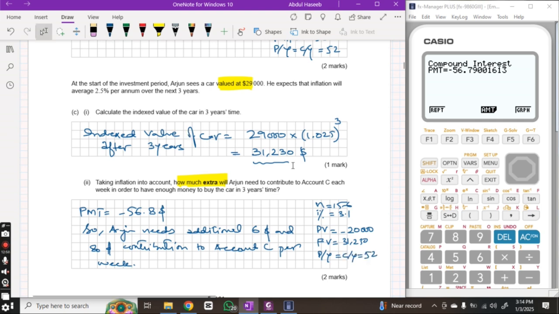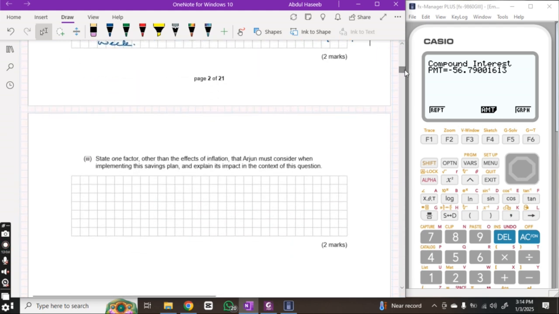All right, moving on. State one factor other than the effects of inflation that Arjun must consider when implementing this saving plan and explain its impact in the context of the question. So he's looking to save to buy a car, and he has considered inflation already.